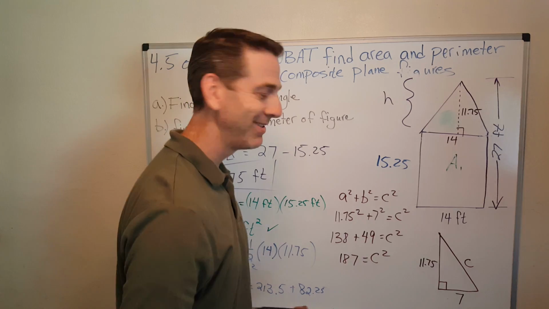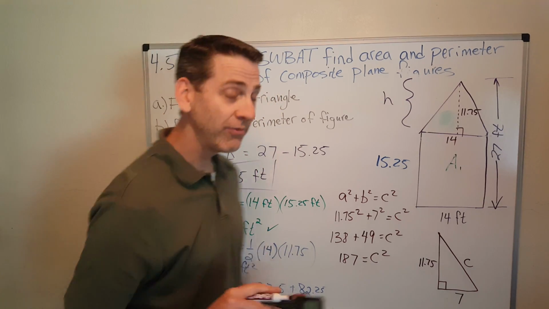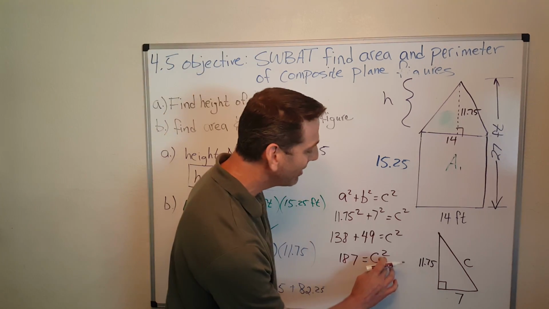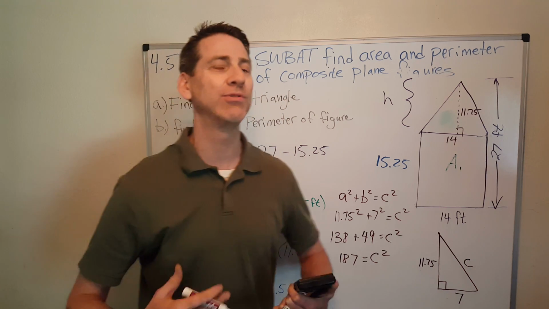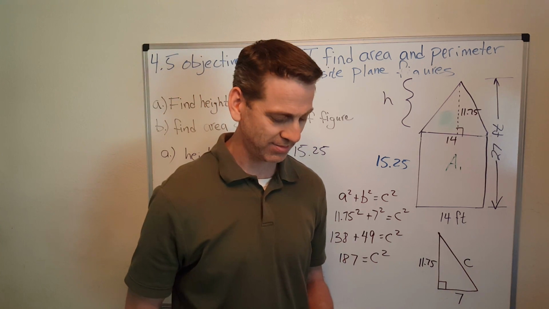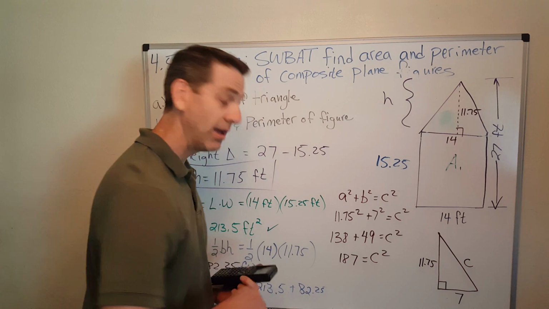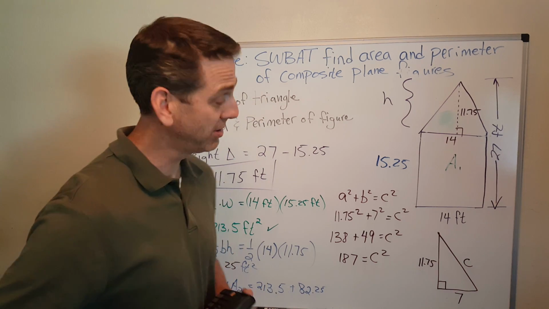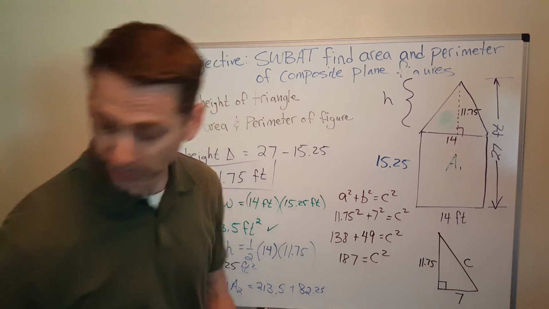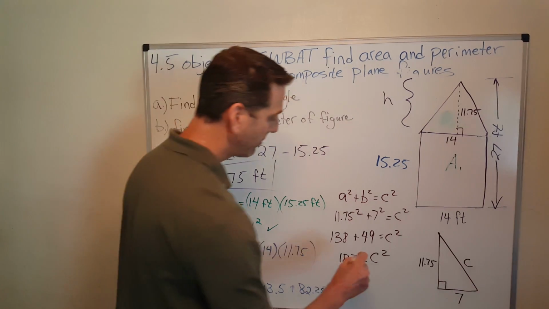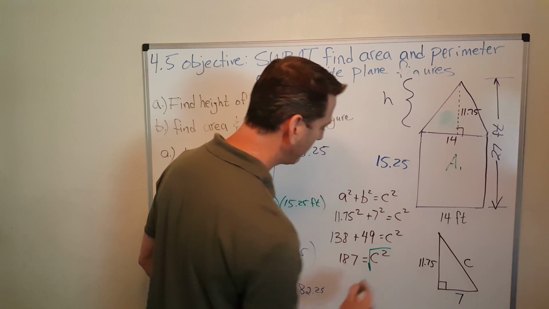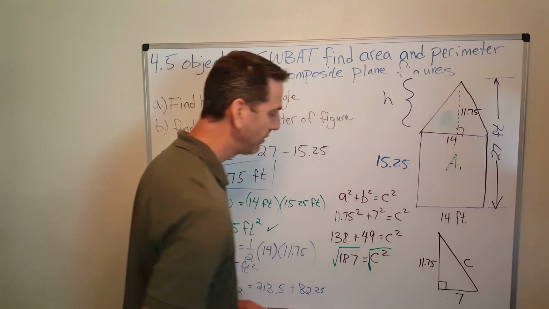187 equals c squared. Now, I don't know if you remember, but how do I get rid of that square there? What's the inverse of a square? You're right, it's a square root. So I'm going to take the square root of both sides.